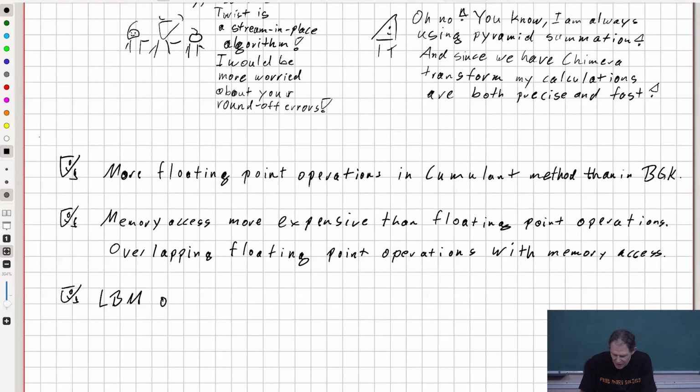So bandwidth, the bandwidth of how quickly you can move memory information from the main memory into the processor and back. So it's bandwidth bound, or we can also say limited, meaning that the memory access dominates the execution time.